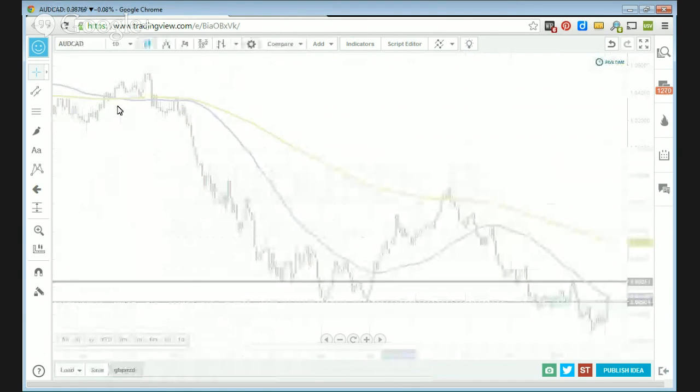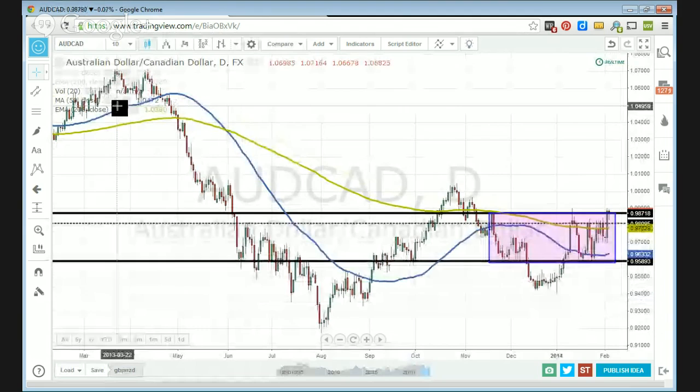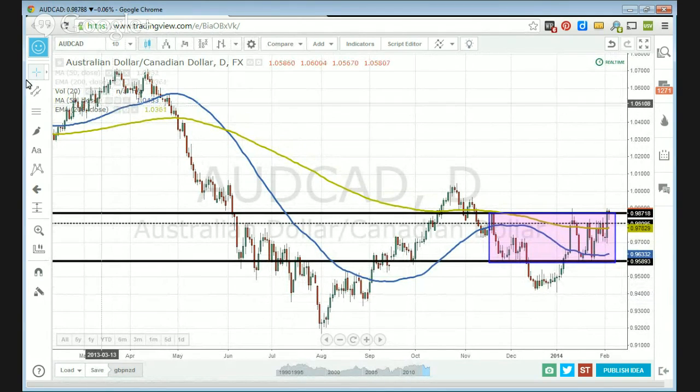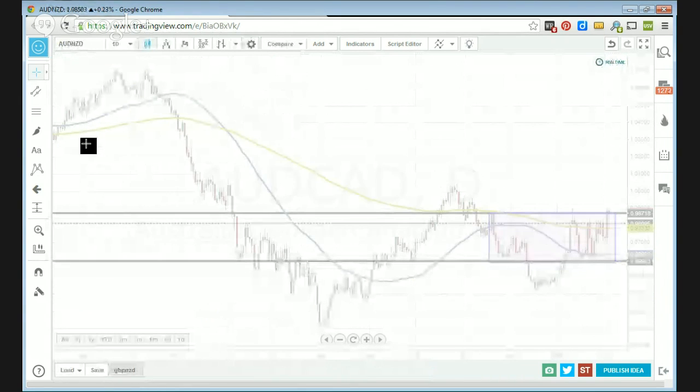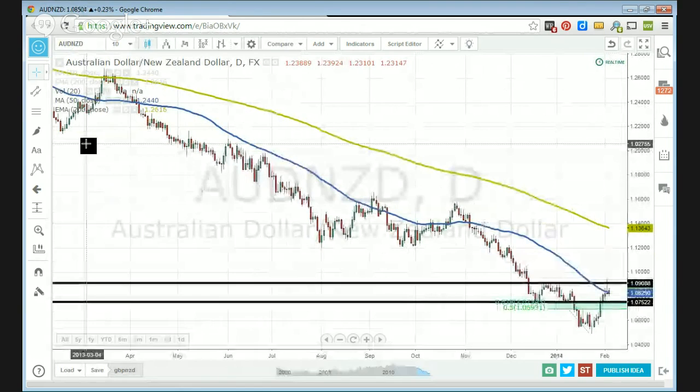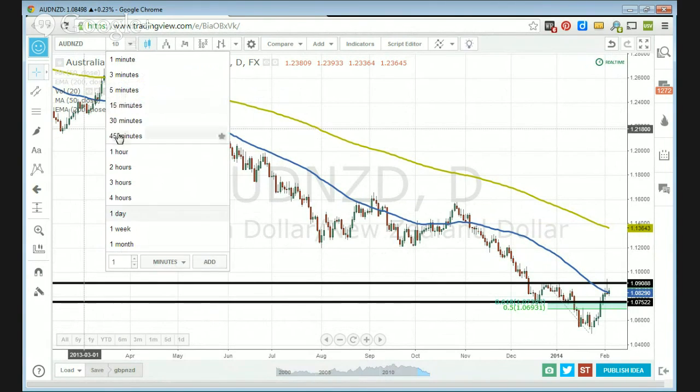Aussie Canada. Okay. Aussie Kiwi. Okay, let's look at the 4-hour chart on Aussie Kiwi.